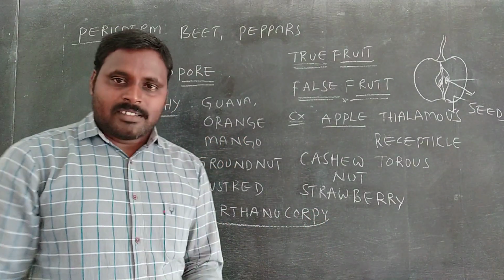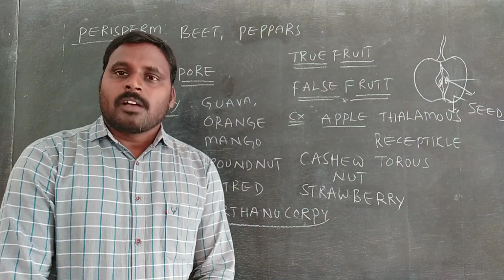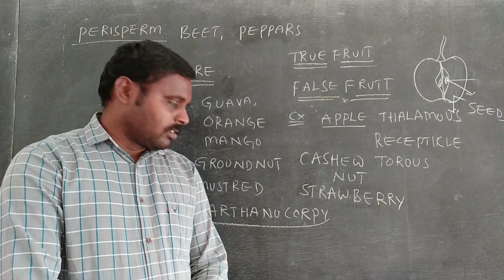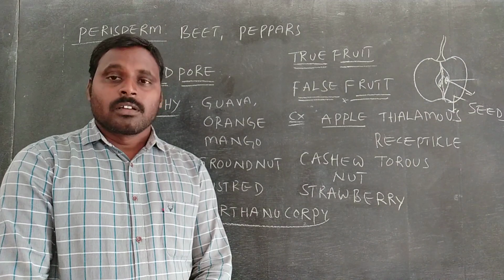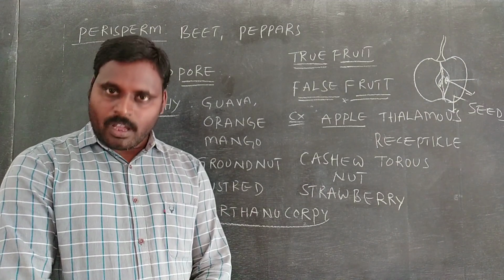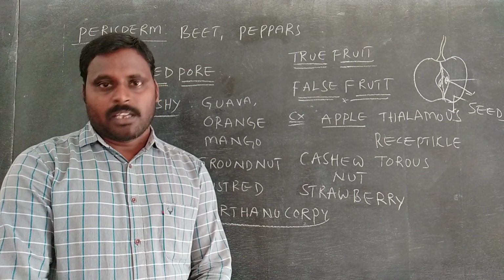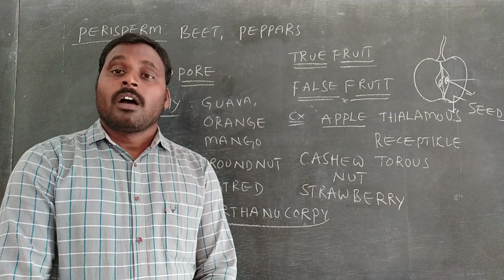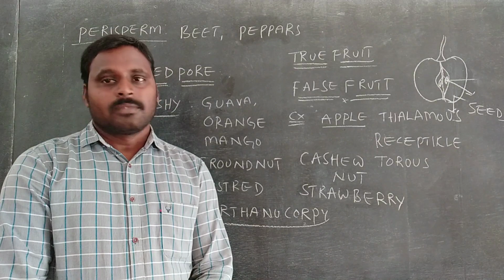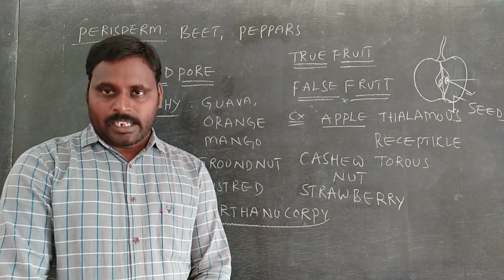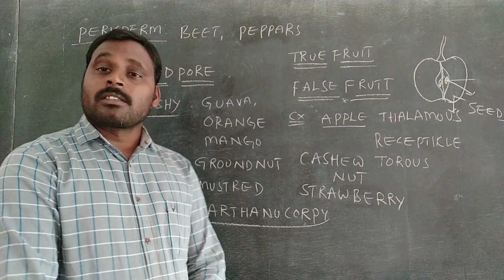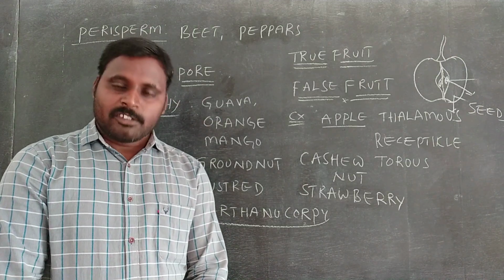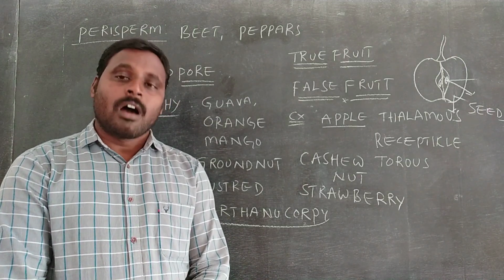What is parthenocarpy? The process of formation of fruits from an unfertilized ovary is called parthenocarpy, and those fruits are called parthenocarpic fruits. This parthenocarpy may be induced or natural.